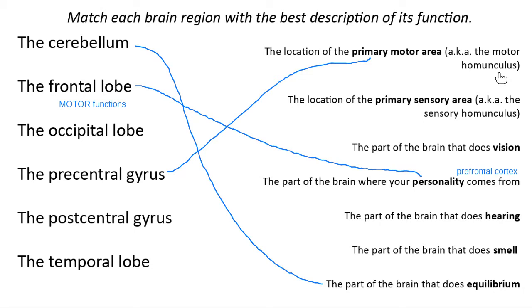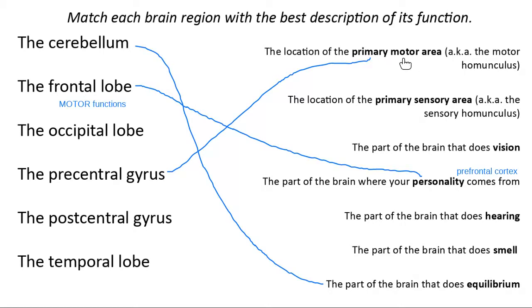The precentral gyrus, the bump in the frontal lobe, is the location where I have what's called the motor homunculus, or think about this homunculus word like a map. I have a map all along this one particular bump that helps me to control various parts of my body. So the precentral gyrus has the primary motor area.